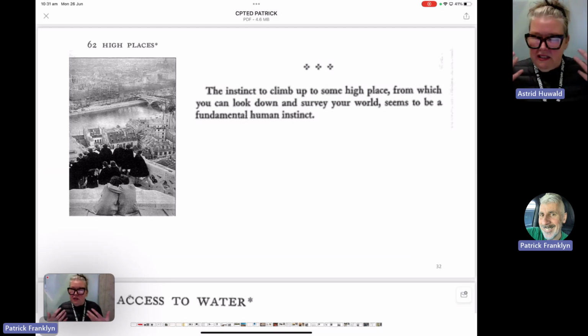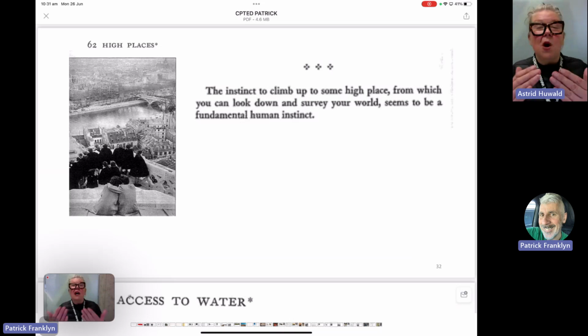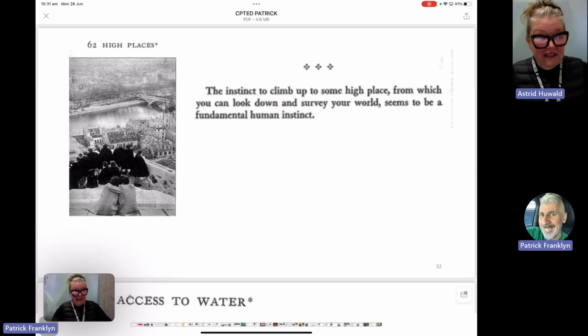Because that's this thing of visual legibility. People like to walk up high and make sense of the landscape below. Patrick, you said it was a very flat landscape, so something like that could be one of the elements along this necklace.